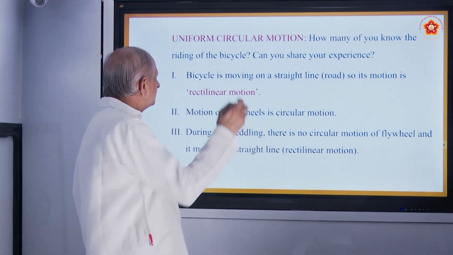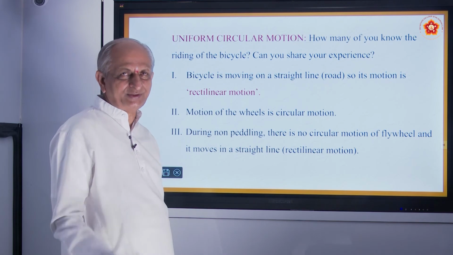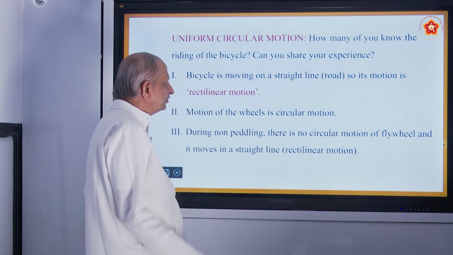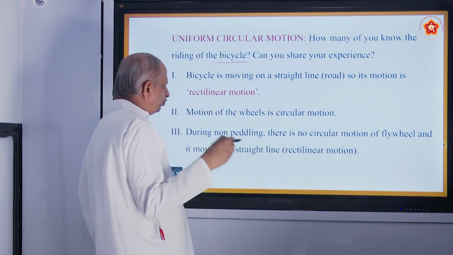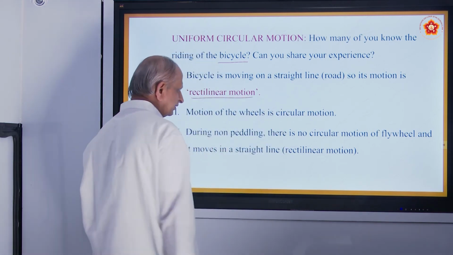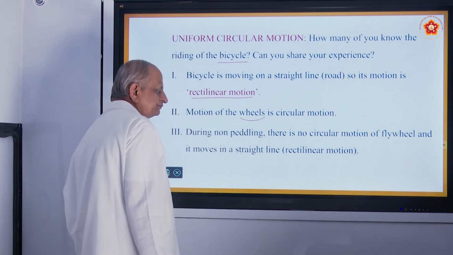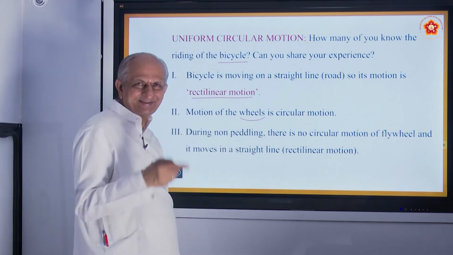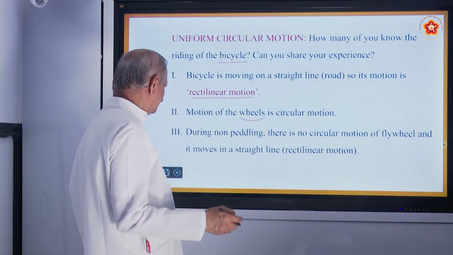Okay. Now coming to the topic here, uniform circular motion. This is about circular motion. So we are talking about the bicycle. It has two motions here. A bicycle going on the road is called rectilinear motion. And when it is going on the road, the wheels will be rotating fast, and that is circular motion.